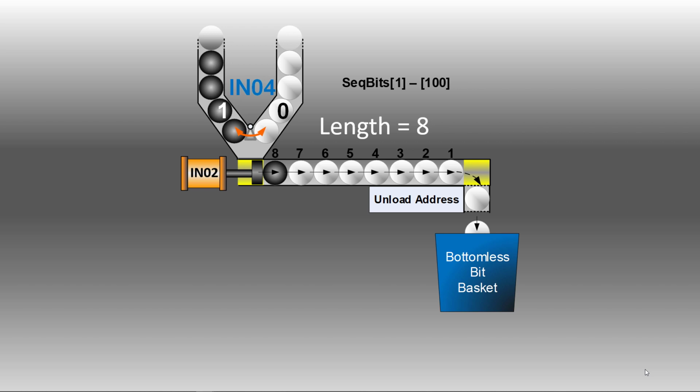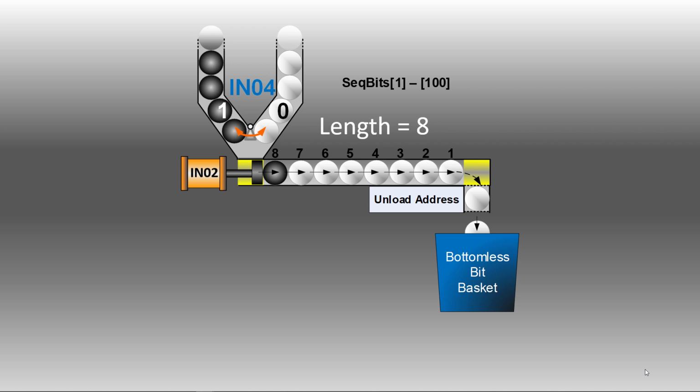So if we execute by turning on input 02, it's going to take the value of input 04 and put it into 8. But to do that, first it has to shift position 1 out into the unload. 2 to 1, 3 to 2, 4 to 3, 5 to 4, 6 to 5, 7 to 6, and 8 to 7.